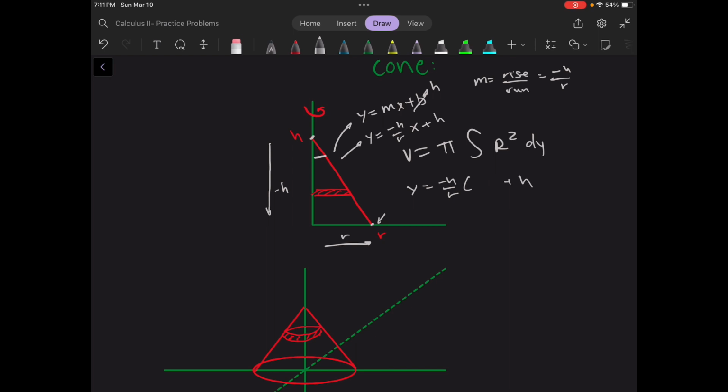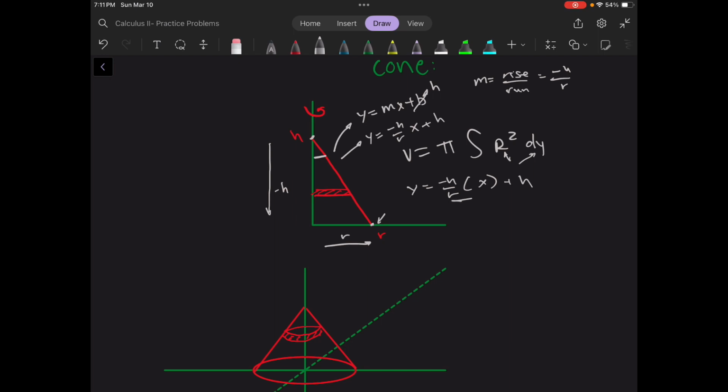How about if we make x equal to 0? What happens at x equals 0? Well, then we just have y equals h. Is that true? Right here, x is equal to 0 and y is equal to h. So yes, our equation works. This equation right here, we only have one issue, is that r should be a function of y because we're integrating with respect to y.